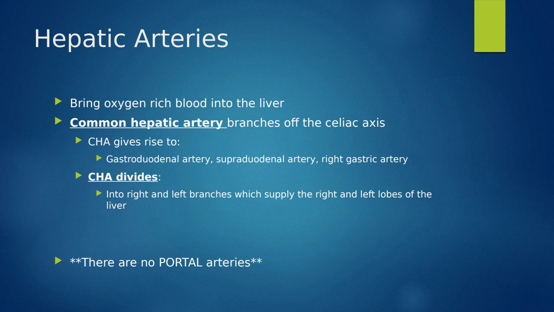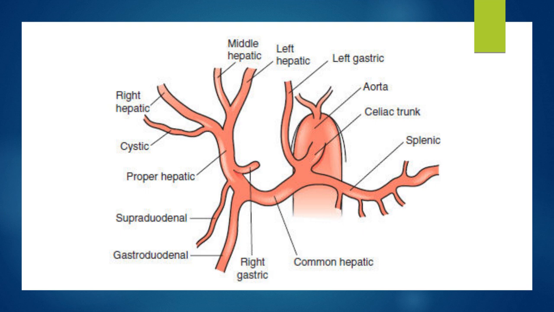Okay, so here is that zoomed in view of everything that's going on in terms of the common hepatic artery branching off the aorta and heading into the liver. So here we have our aorta, literally looks like a hot dog. Our first branch in the abdominal portion of the aorta is going to be our celiac axis. In this case, it's calling it the celiac trunk.